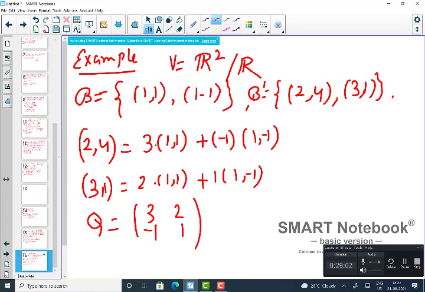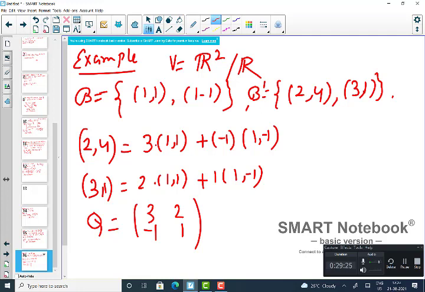And this changes the coordinates with respect to B dash into coordinates with respect to B, right? Whatever the B dash coordinates are, if you multiply by Q, it will change them to B coordinates. So what does that mean?